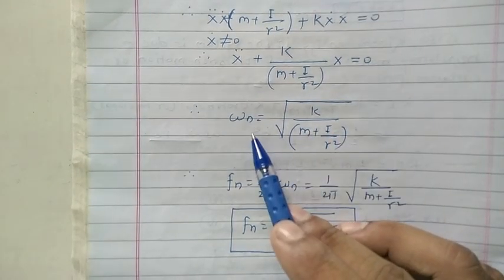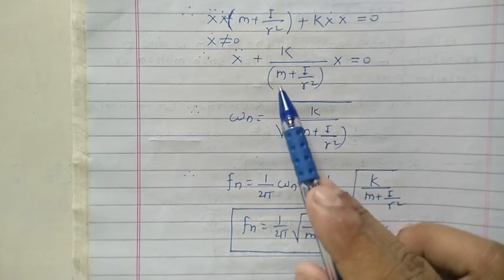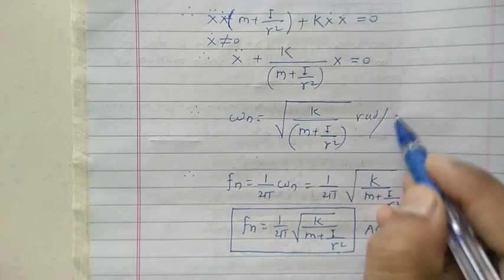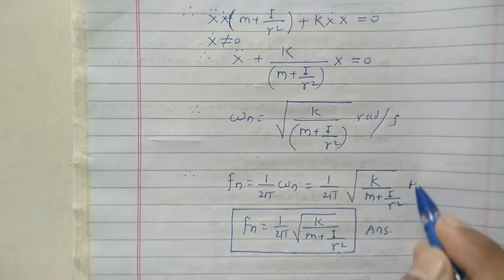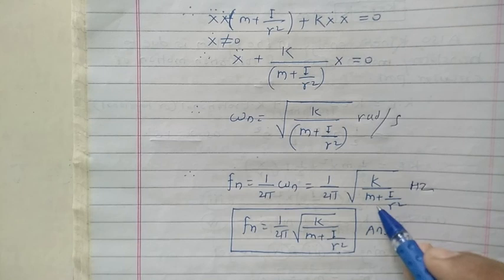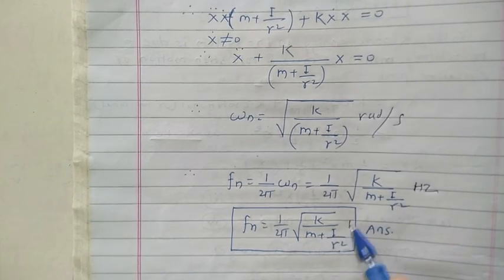Omega n equals square root of k by m, meaning here m plus I divided by r square, in terms of radian per second, and in terms of hertz, 1/2 pi square root of k divided by small m plus I divided by r square. This is how you get the frequency in terms of hertz.